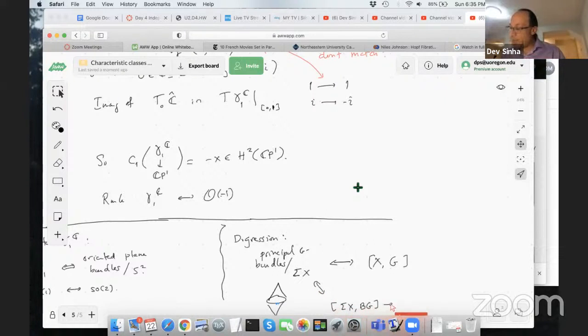A little adjointness, standard: maps from a product is the same as maps into the mapping space from one of the product factors. So this is loops BG. And what you find, and you can use a little Yoneda argument to prove this, is that G is homotopy equivalent to loops on BG.